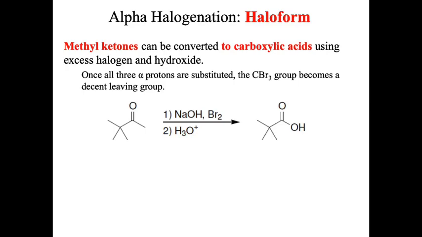Basic conditions in Br2, what happens? We do substitute out all of those hydrogens, replace them with bromine. They're only on one side, so we don't have to worry about them going any other direction, right? So we only have that one side. That's not the product, right?